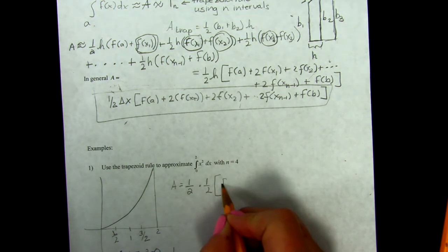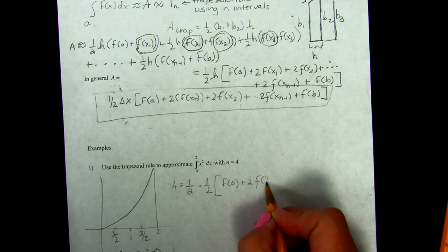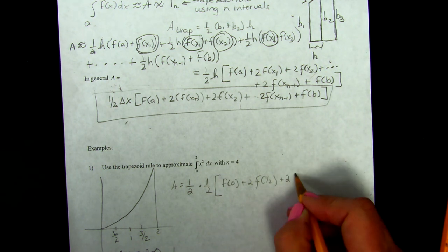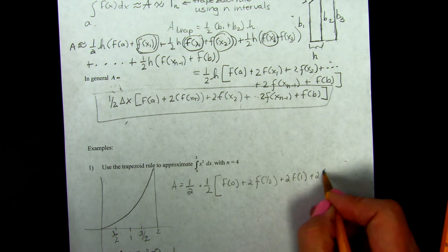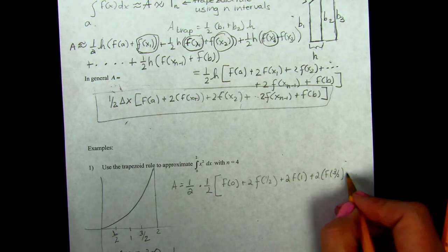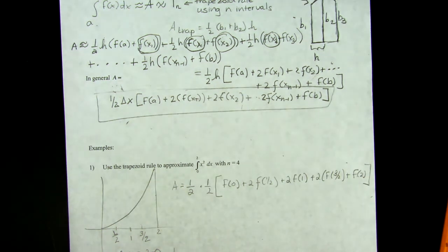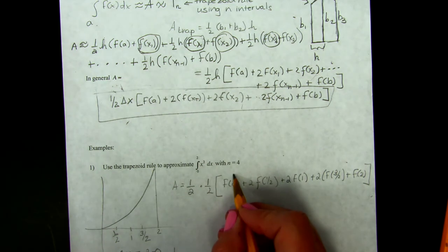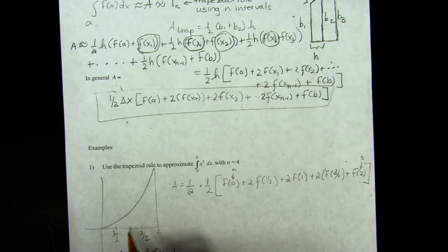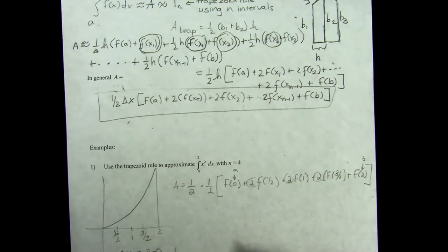Well, f of a would be f of 0 plus 2 times f of 1/2 plus 2 times f of 1 plus 2 times f of 3/2 plus f of 2. Okay, so this is a right here, this is b right here, and then all the other intervals in between have a 2 with them.